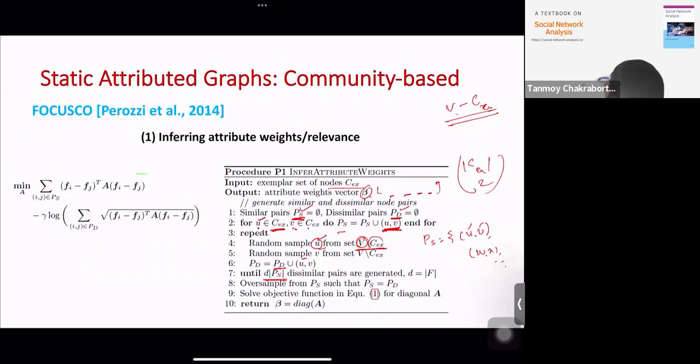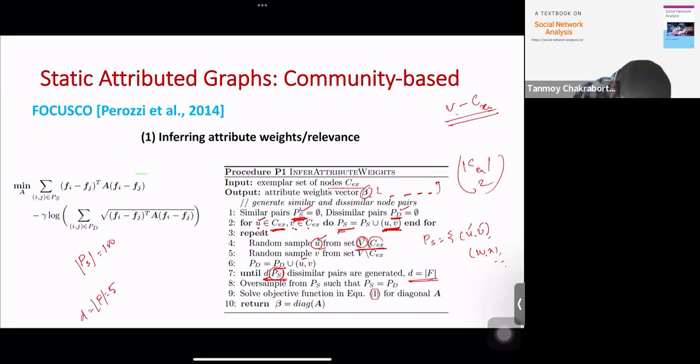So |PS| is the size of the similarity set that we have already identified, and D is the size of the feature set. If there are 5 features, and say |PS| is 100, and |F| is 5, then D is |F|.